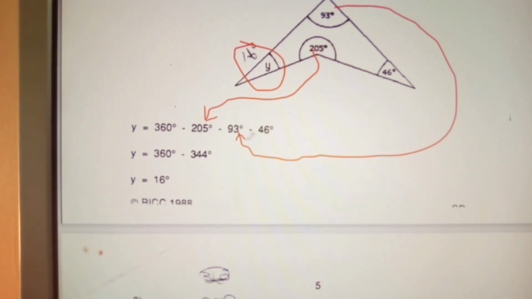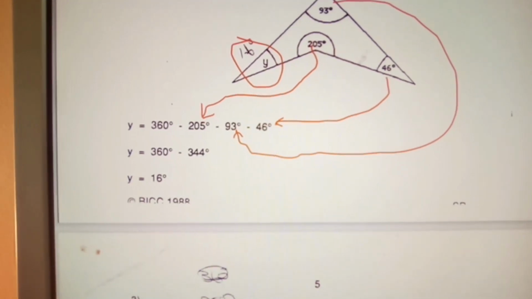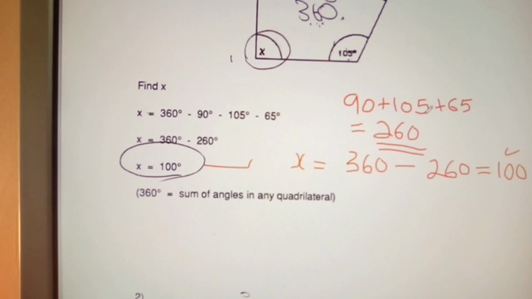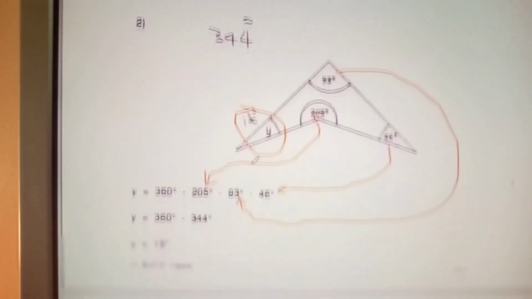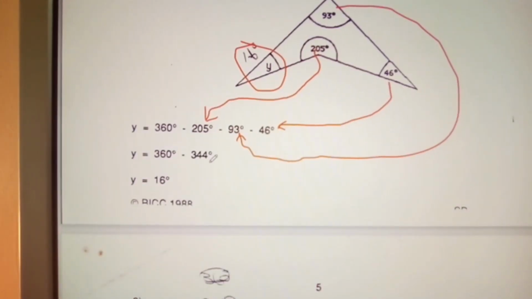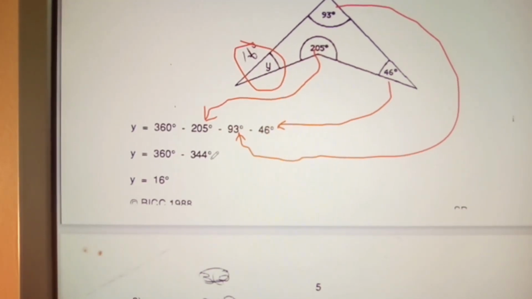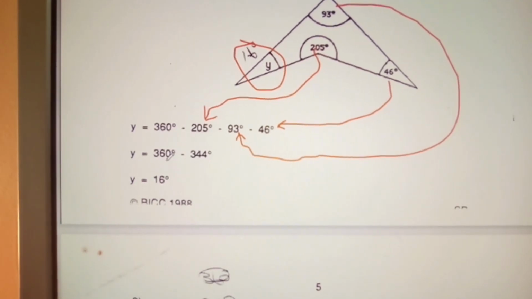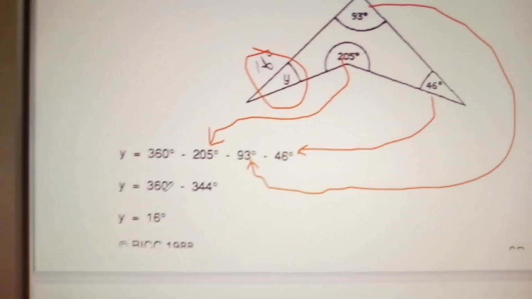And 46, which comes from here to here. You add all these up together as I did here. Applying this principle, add them up together, and it will give you 344. Now you need to check this for yourself, make sure it is correct. I will not be checking it for you.